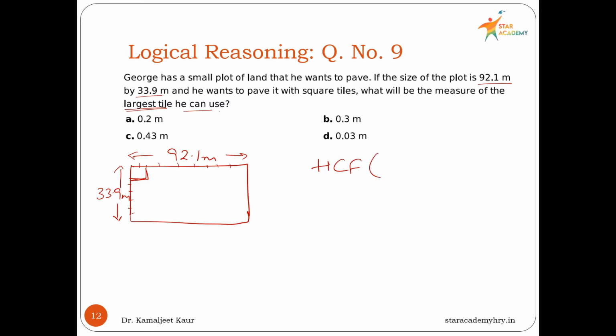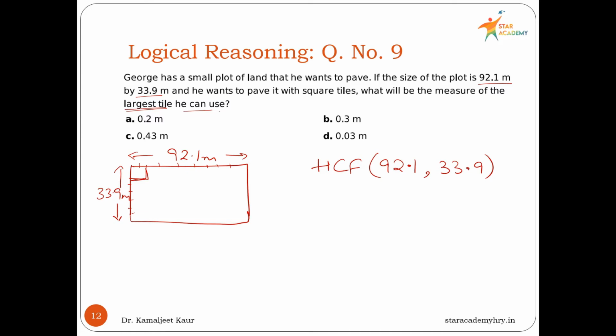We need to find the highest common factor of 92.1 and 33.9 meter. Both of these numbers contain a decimal point. Normally we know how to find the HCF of natural numbers, but this is not known to everybody. So how can you do this?